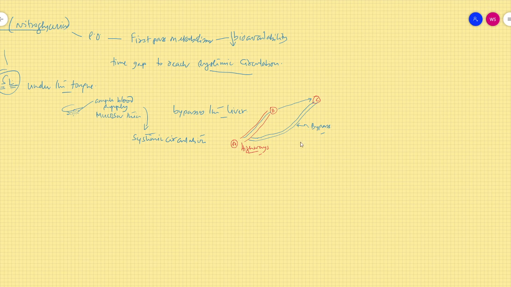So here we are bypassing the liver. This is not a very good analogy, but anyway, I hope you get the point.